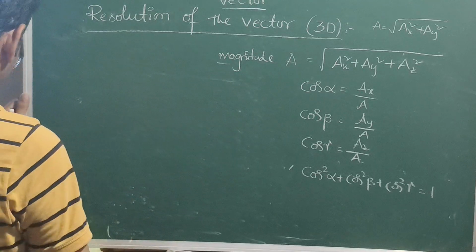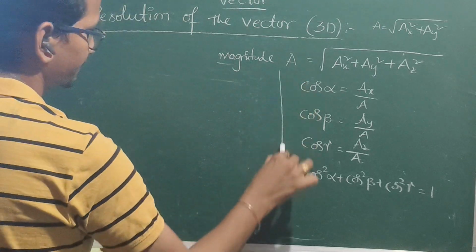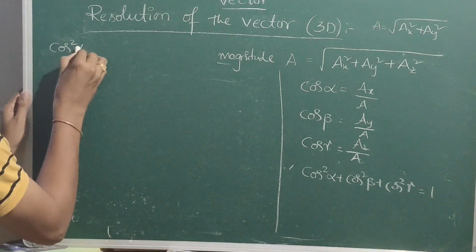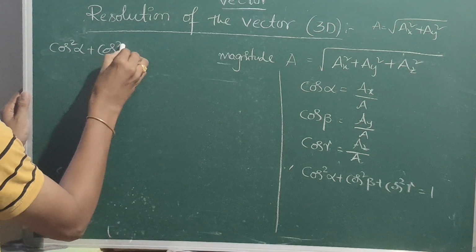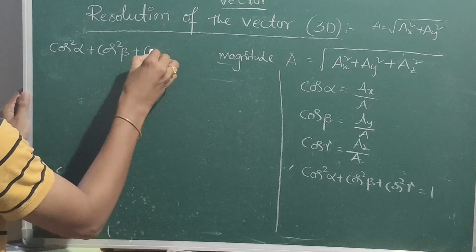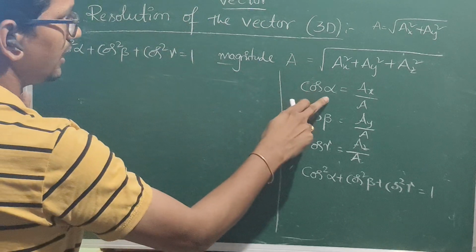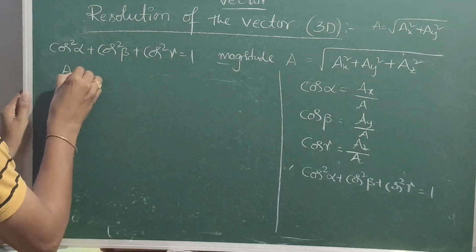Okay, what is the first one here? We want to prove cos square alpha plus cos square beta plus cos square gamma is equal to 1. What is cos square alpha?